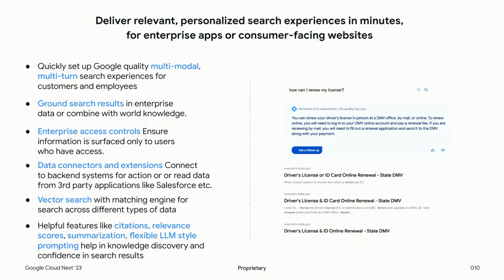Finally, the fourth thing is that a lot of exciting things are happening in the space of vector search. That's where we are rebranding and relaunching our vector search platform, which was previously called Matching Engine. We'll go into a little more detail on what we are doing with our vector search approach.